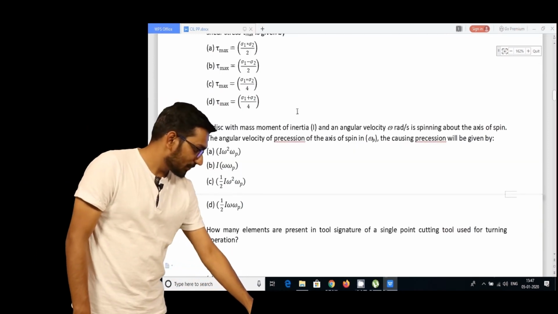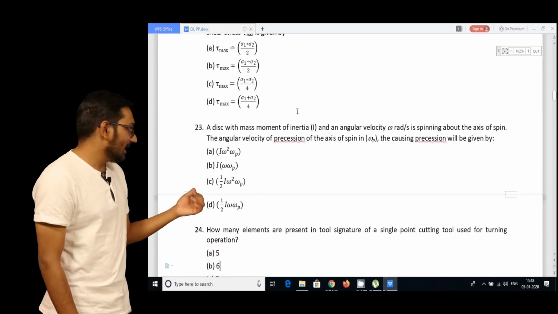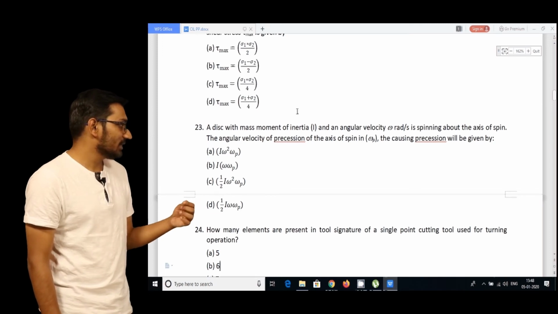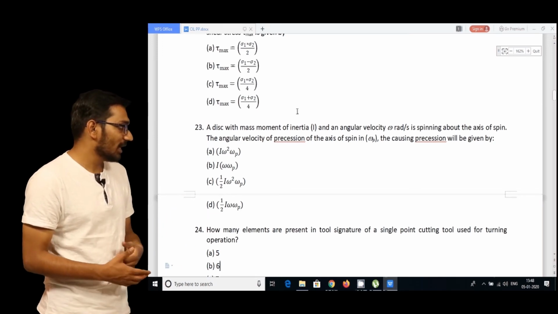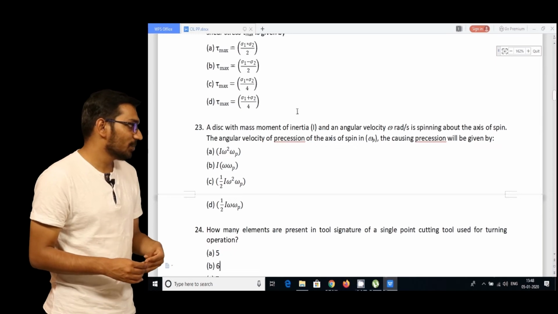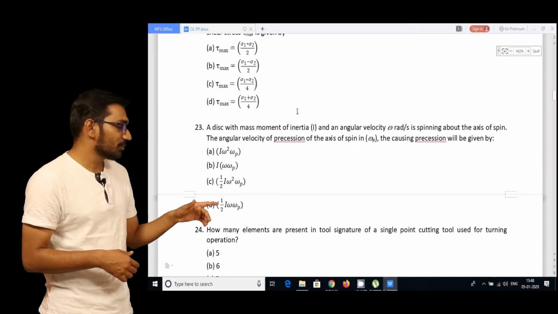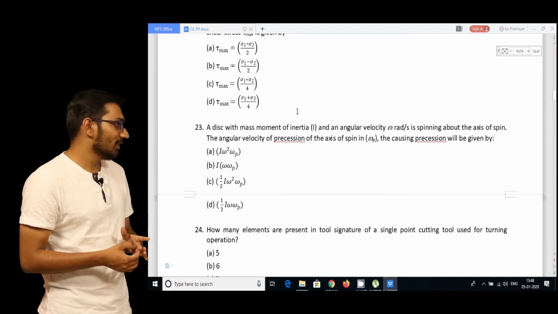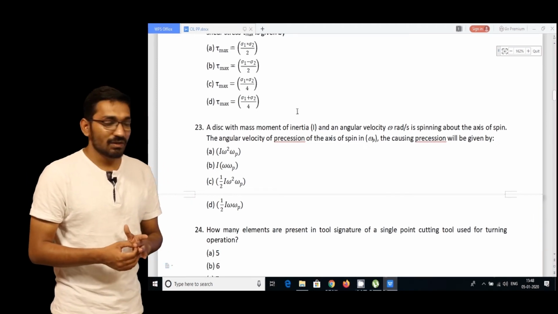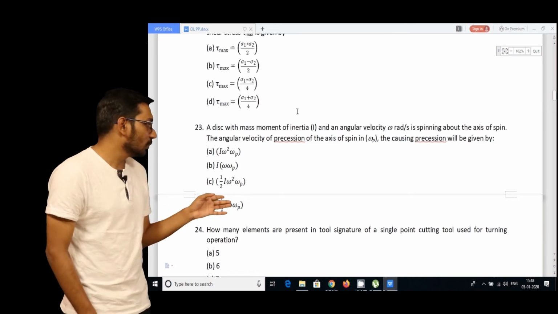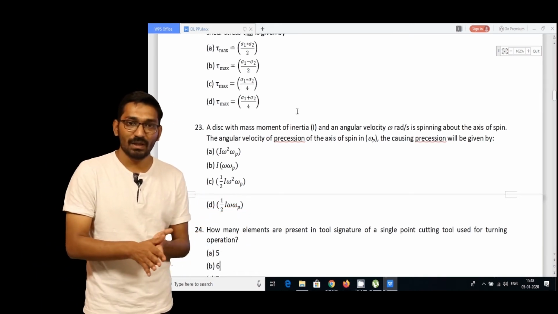Next question is of gyroscope. A disc with mass moment of inertia I and an angular velocity omega radian per second is spinning about the axis of spin. The angular velocity of that axis of spin is omega p. Then what will be the gyroscopic effect? Right, what will be causing the precession. You want to find out the gyroscopic effect.